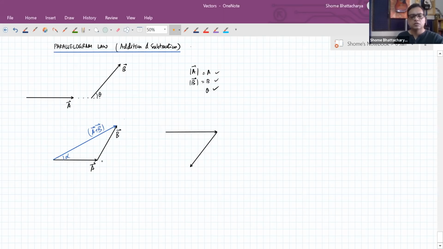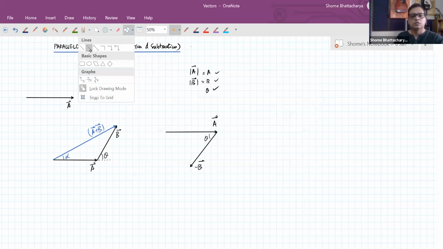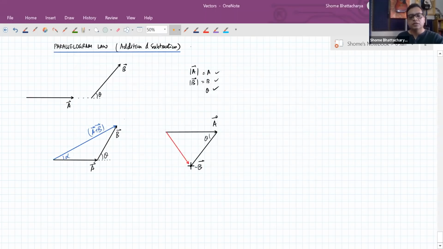So here, if this angle was theta, here this angle will become theta. So the difference of the two vectors becomes this one. And this angle we denote with beta. And we've already seen the formula for mod A minus B and the angle beta.